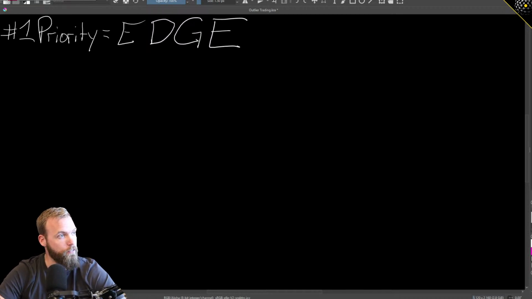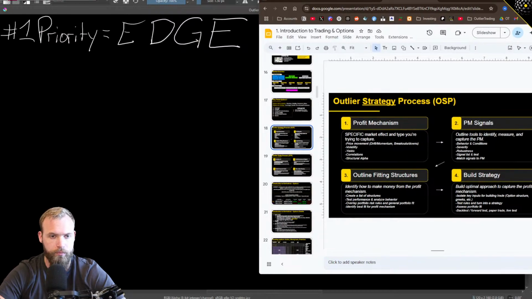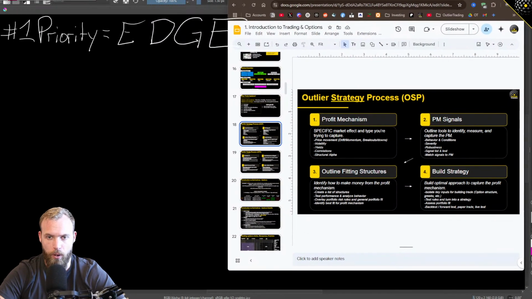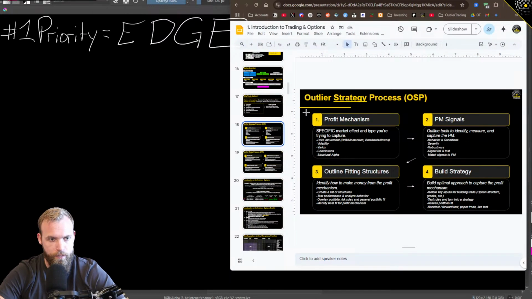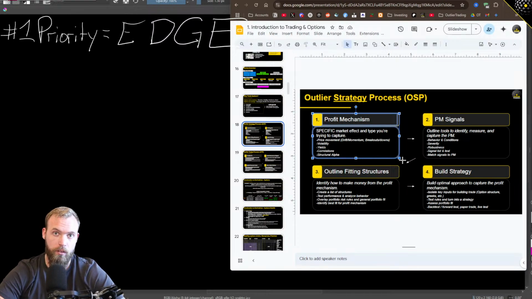And if we reflect back onto something like this, which you've seen before, the outlier strategy process, notice the first thing that's in here, the profit mechanism. This is how you are going to make money with whatever it is you're trying to do. So this is your edge, whatever the edge ultimately is that you're attempting to extract.